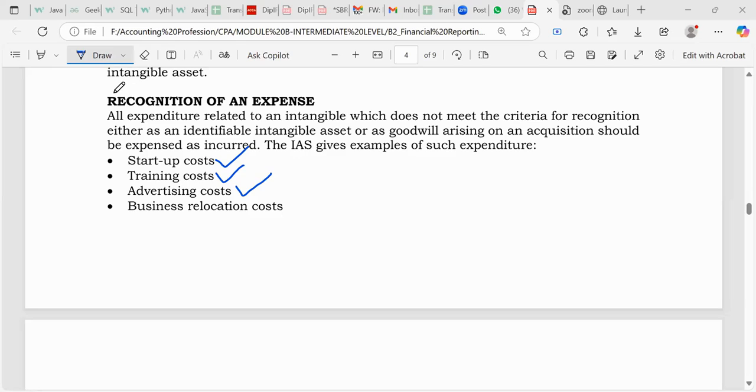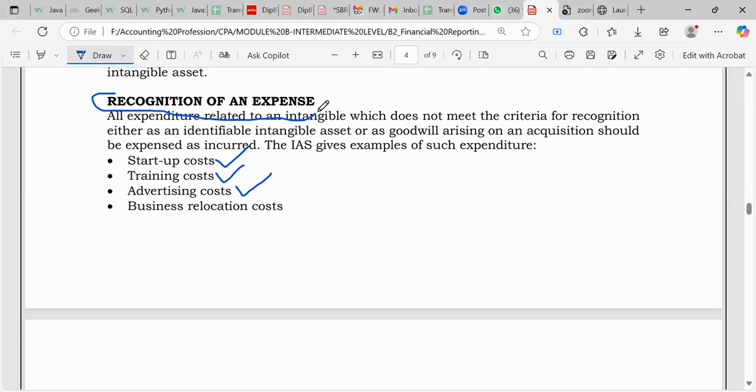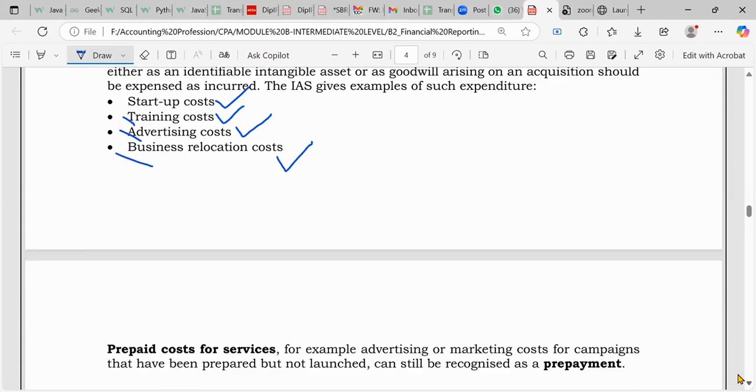These other costs, which we didn't mention earlier, should just be taken as expenses: startup costs, training costs, advertising costs, business relocation costs. Some are obviously not intangible assets, like advertising. Maybe training, if you are not sure about control, but then you would also have found it. So it's no big deal.